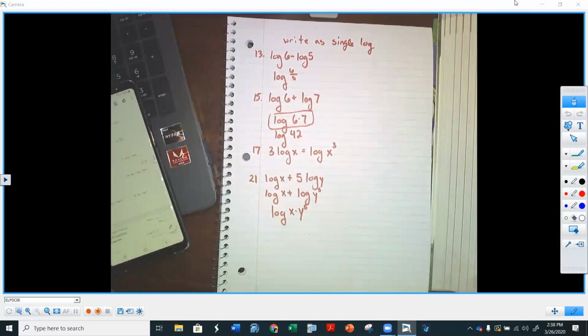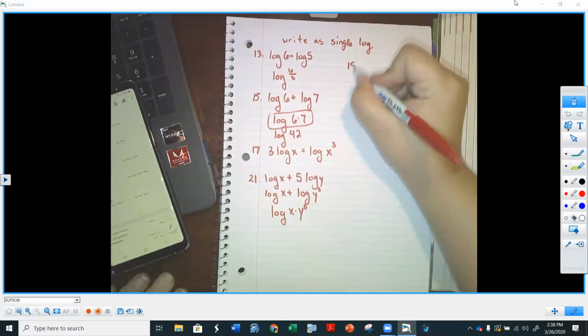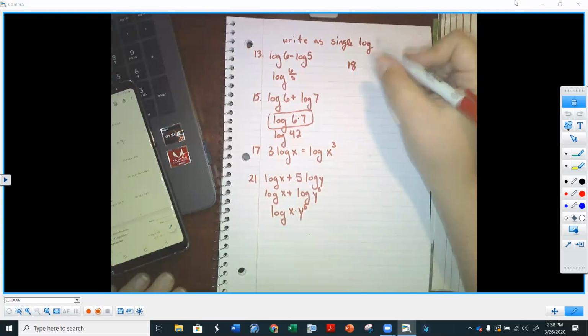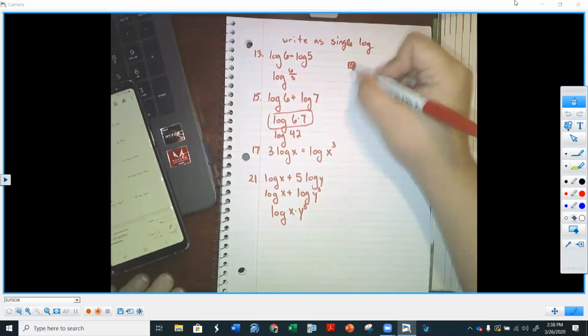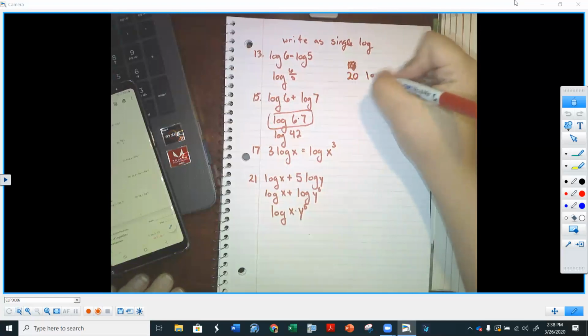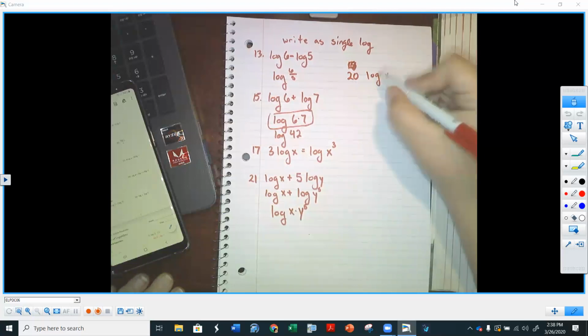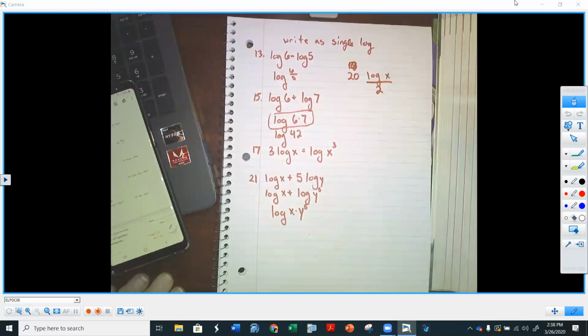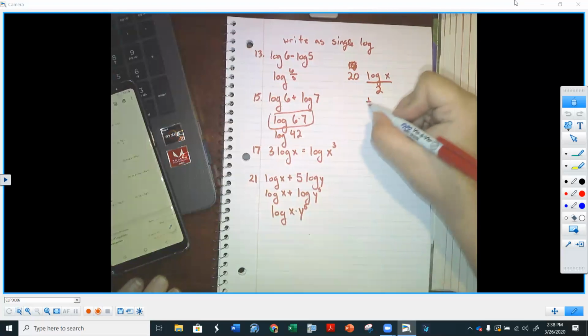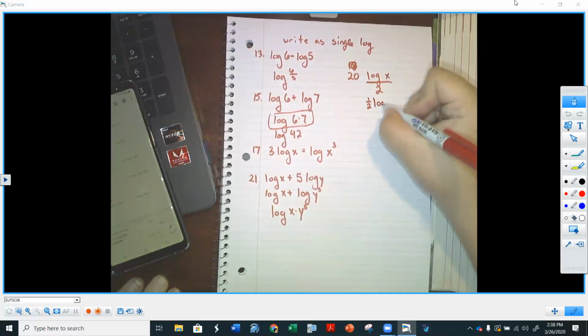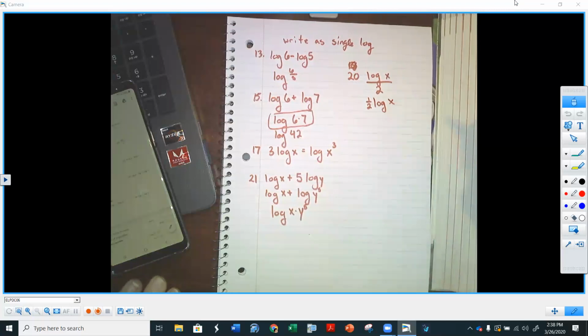Okay, you might see something else. I'm just taking up what room I have to write in. So this is number 18, and that wasn't the one I meant to write. Let's do 20 instead. So log x divided by 2. Your first step in thinking this one through is to write the divided by 2 as a 1/2 log x.